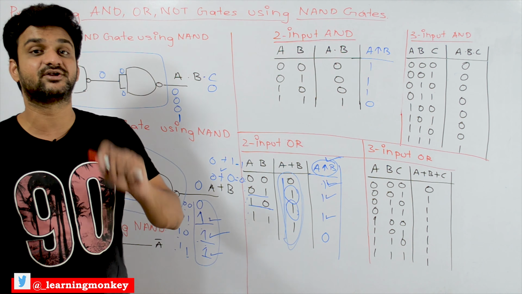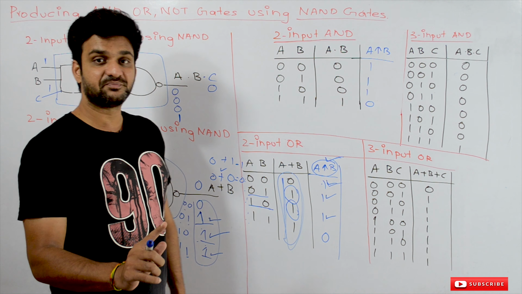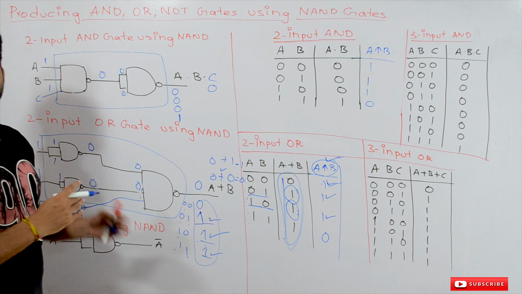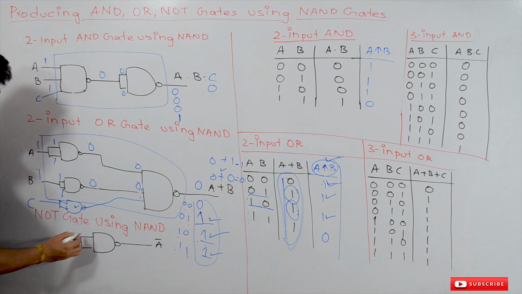Now coming to our third circuit, which is a NOT gate using a NAND gate. One single NAND gate. The input for a NOT gate is only one, so there is no 2-input NOT gate. A NOT gate is just the complement of the input. For example, if you give 0, the inputs will be 0 0.